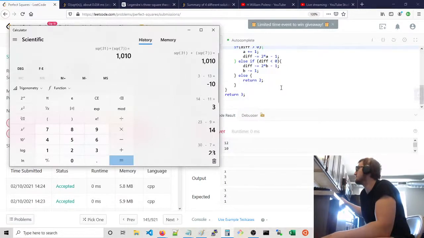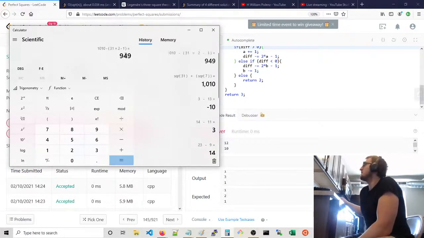Now minus 10, we get minus 31. So let's do it's 31 times 2 minus 1. 949, which is 30 squared plus 7 squared. Which is right.